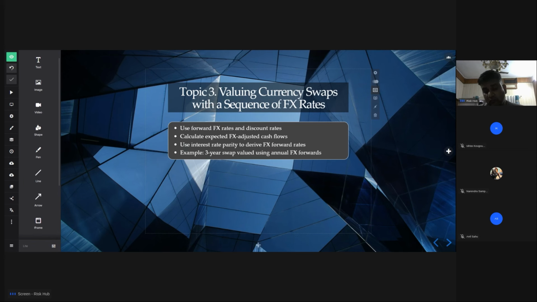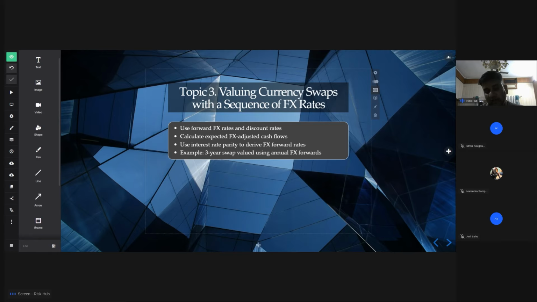So the point here which I discussed is that if you are looking for, let's say, a logical flow, and if you are looking at your simplistic understanding, the point is that you can use your forward FX rate and discount rate.